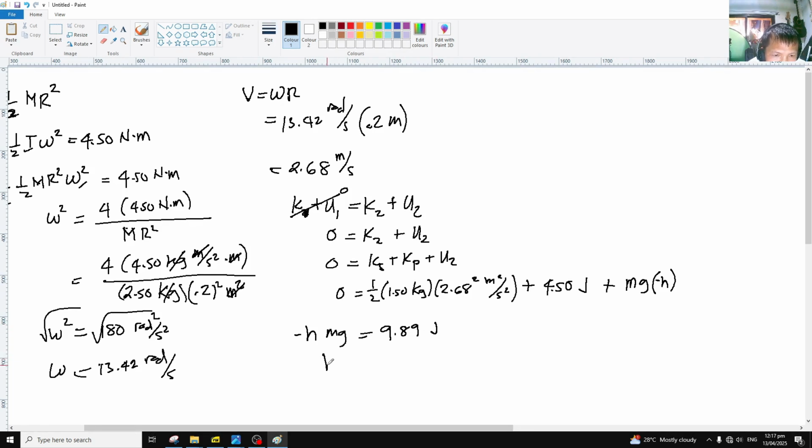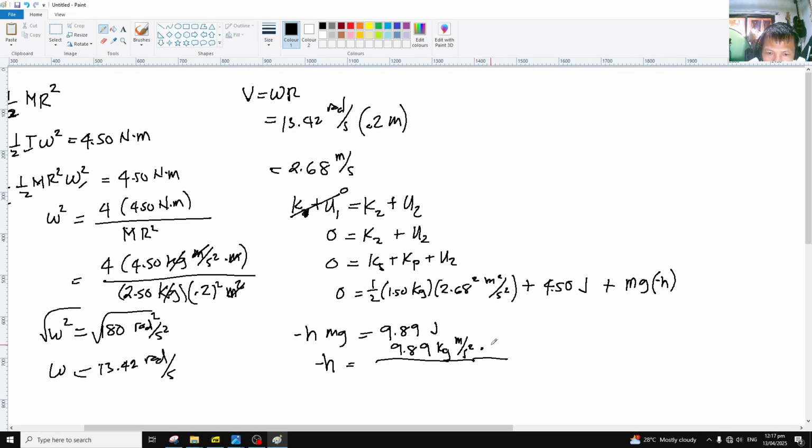Tapos, ibig sabihin yung h natin na negative, 9.89 joule or Newton meter, kilogram meters per second squared.